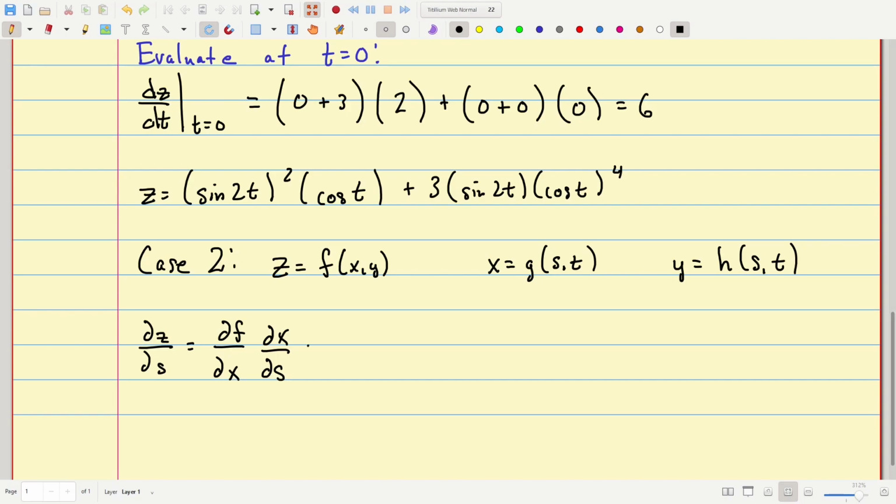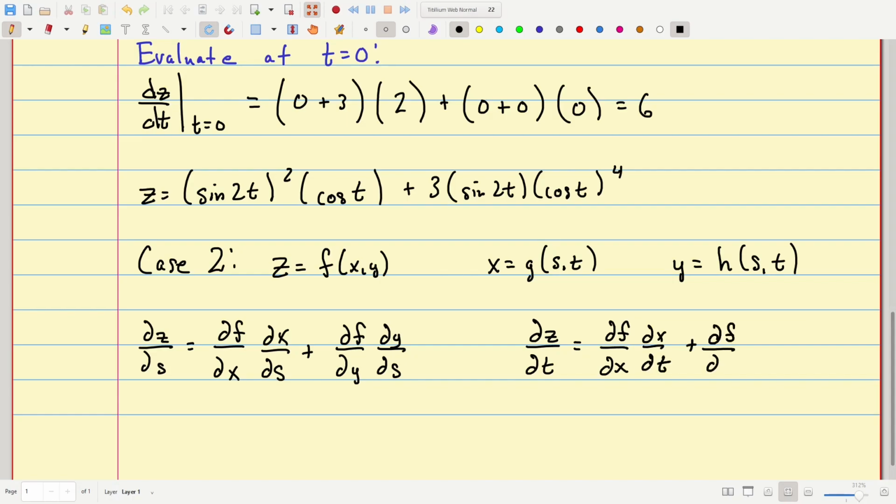And then we add to this partial f partial y partial s, and then the derivative with respect to t is equal to partial f partial x partial x partial t plus partial f partial y partial y partial t.